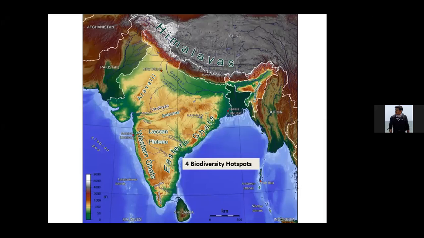It also has east-flowing and west-flowing rivers, some originating from the Western Ghats, and in northern India many rivers originate from the Himalayas. We also have the Eastern Ghats, which are older than the Himalayas, and the Vindhyas, Satpuras, and Aravallis.